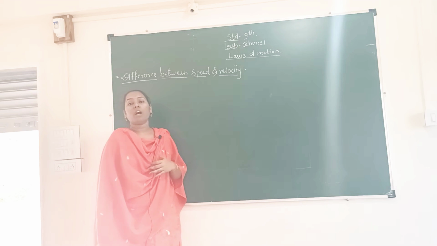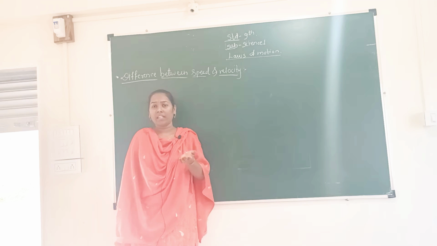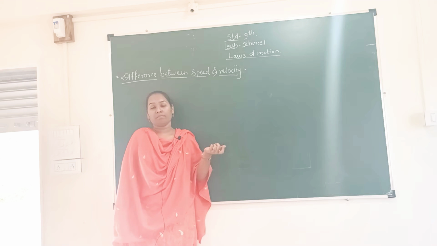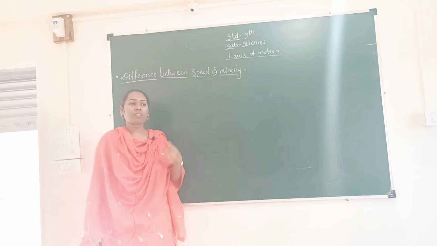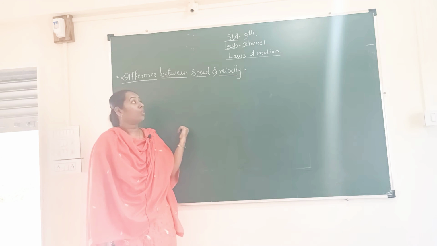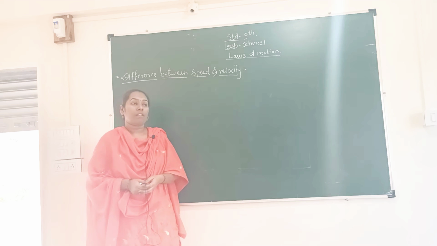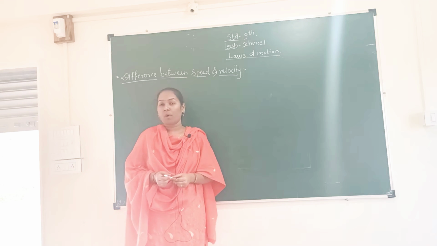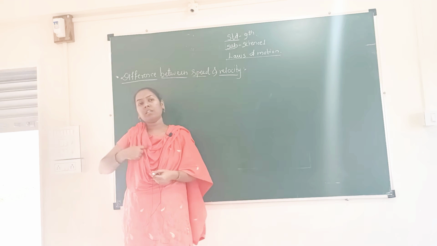In this video we are going to learn the difference between speed and velocity, which you can also write down in points. Always when there is a difference or distinguish, the points we write in differences are always opposite.